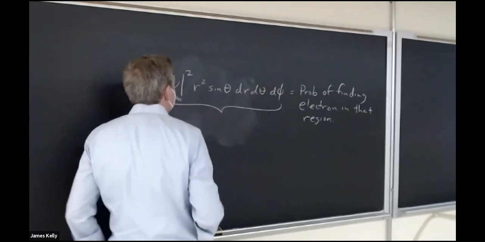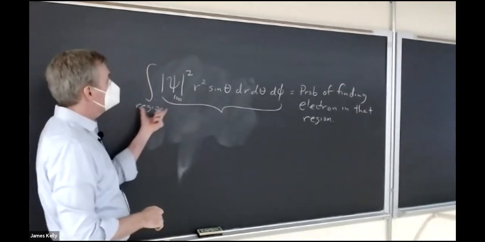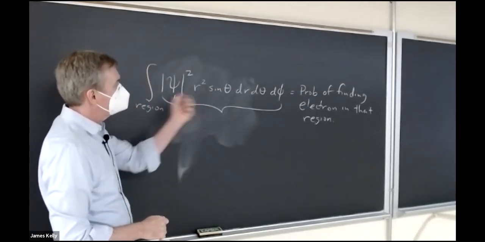In any case, if I integrate over some region of this quantity, I get the probability of finding an electron in that region.